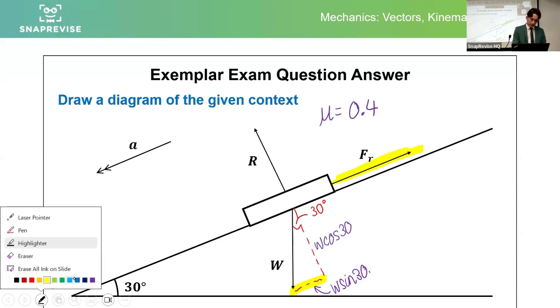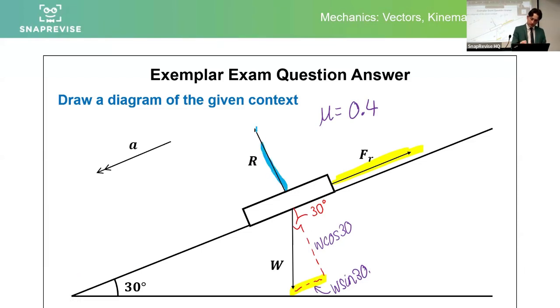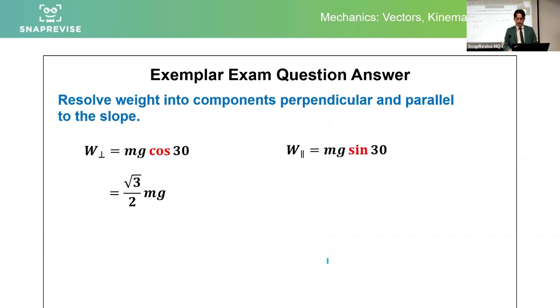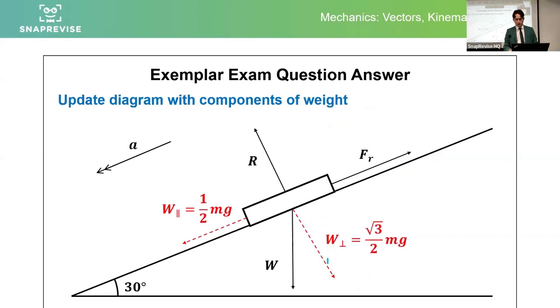And the vertical components are this and this. So let's look at resolving them into the separate thing like we just did. So that's the into the slope component of the weight, and that's the parallel component of the weight. So that was just tidying those values up. So we've added those onto our diagram.